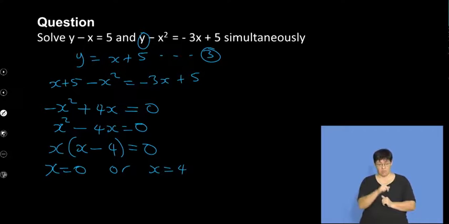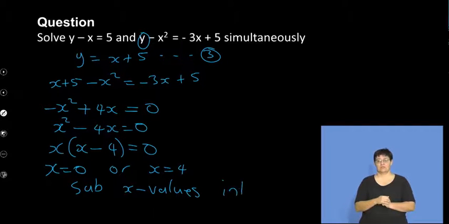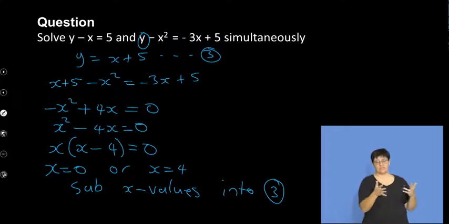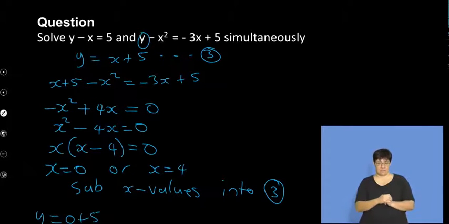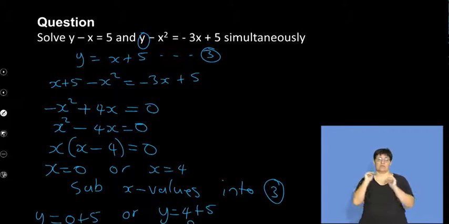Now remember, from here, you need to substitute the x values into, I'm just going to use equation 3 because already it has y as the subject of the formula. So for x equal to 0, I will have y equals 0 plus 5, which equals 5. And then for x equals 4, I will have y equals 4 plus 5, which is then 9.